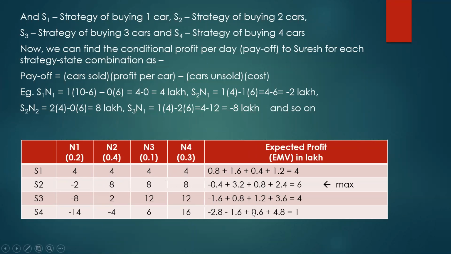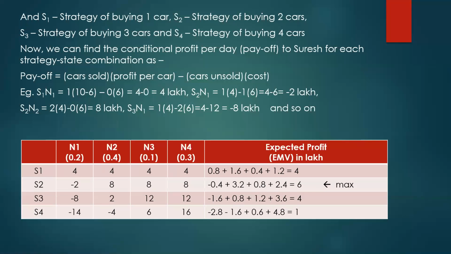Now, after doing the calculation of the EMV, this is my calculation. So it is 0.2 multiplied by 4 plus 0.4 multiplied by 4 plus 0.1 multiplied by 4 plus 0.3 multiplied by 4. This gives me 4, and this is in lakhs. So this is 4 lakh, 6 lakh, 4 lakh, and 1 lakh. So S2 is the best strategy because that is giving me the maximum EMV, which is 6 lakh.